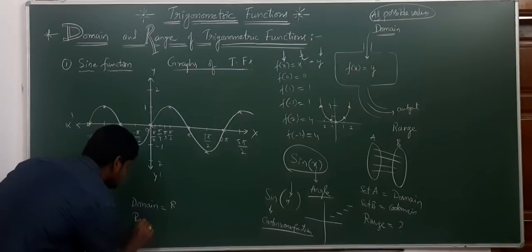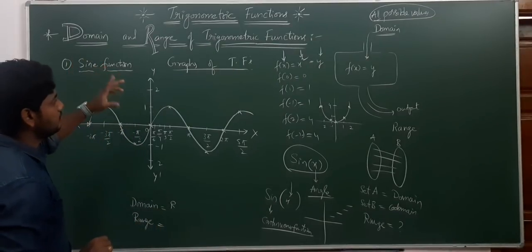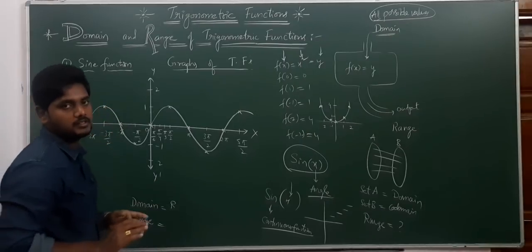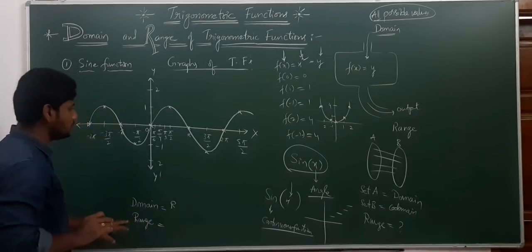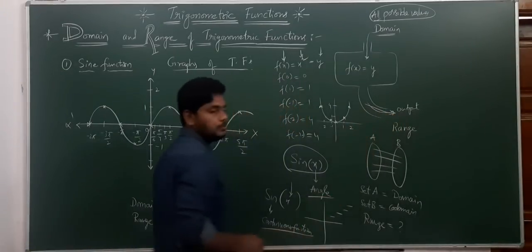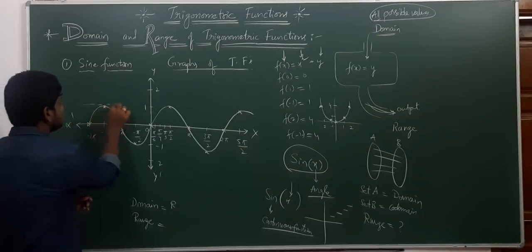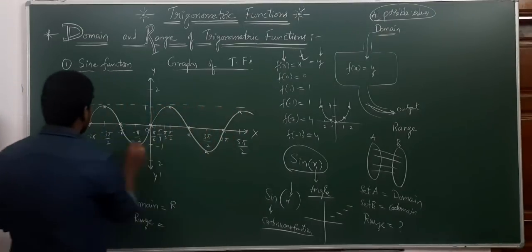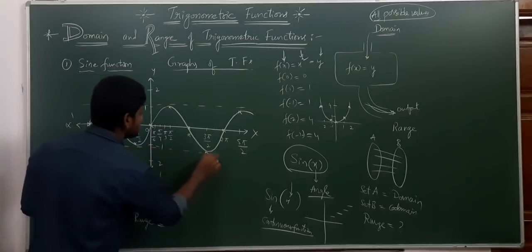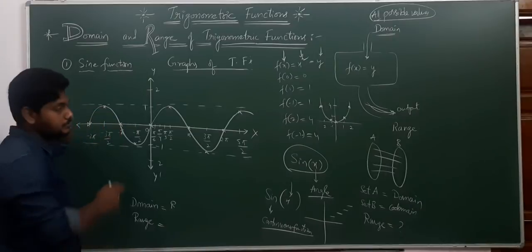What do you mean by range here? Finding domain and range is very important. We want to consider the codomain here, right? Range means output values. If you observe this graph, the graph won't exceed above 1. Observe carefully.